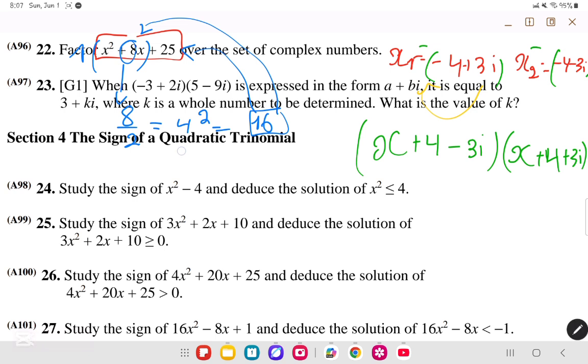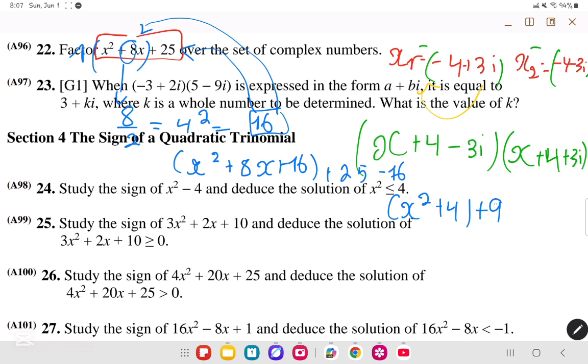It's going to be x squared plus 8x plus 16, and then plus 25 minus 16. If we continue solving, it's going to be, after making it a square, plus 9. My bad, I did this wrong. X plus 4 squared plus 9.